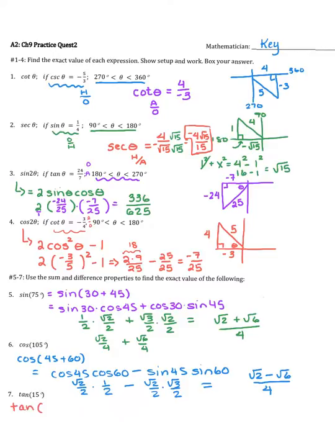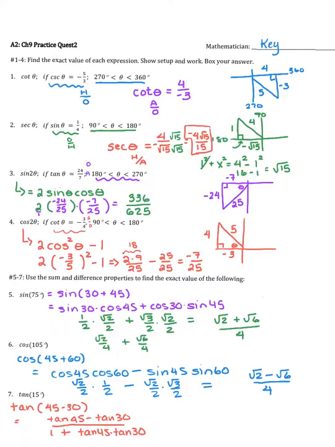So 15 degrees, I would write this as 45 minus 30. And then that would expand as tangent 45 minus tangent 30 all over 1 plus tangent 45 tangent 30.